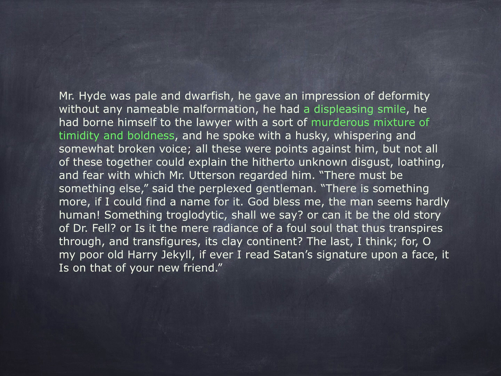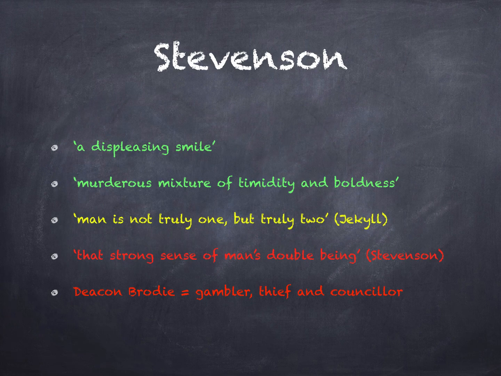Okay, next I'm going to look at this idea of, even in the early stages of the book, there being a duality to Hyde. We have here a displeasing smile and a murderous mixture of timidity and boldness. And these two phrases, I would suggest, hint very early on at the fact that there are two sides to Hyde. A smile normally is pleasing, something pleasant, satisfying. Here it is displeasing.